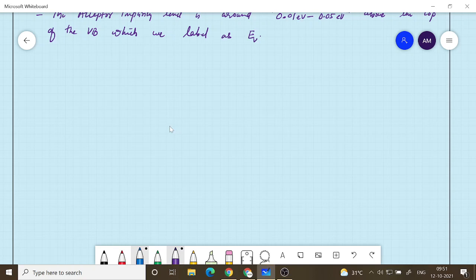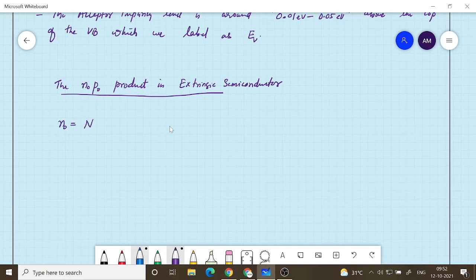Okay, but assuming the validity of this Boltzmann approximation, the N0 P0 product in extrinsic semiconductor. Okay, so first of all let me take N0.